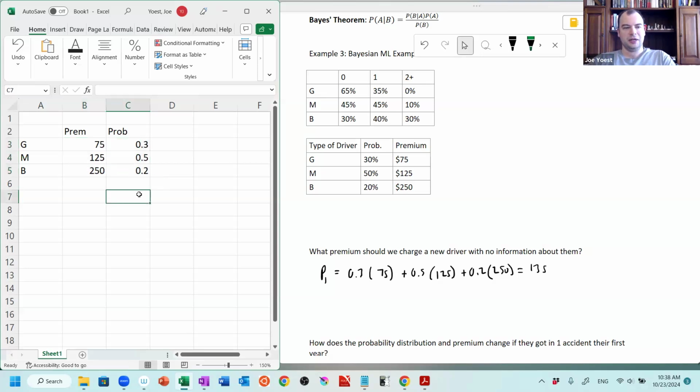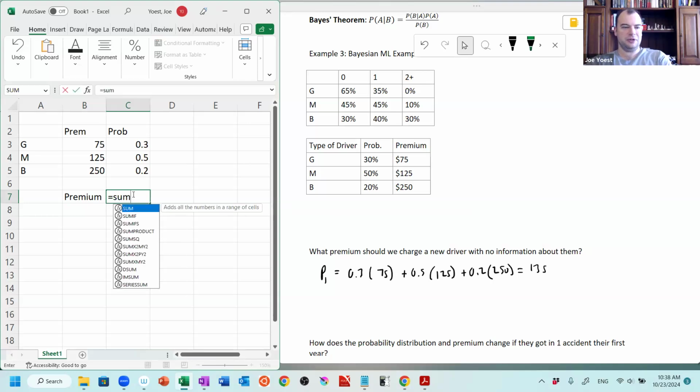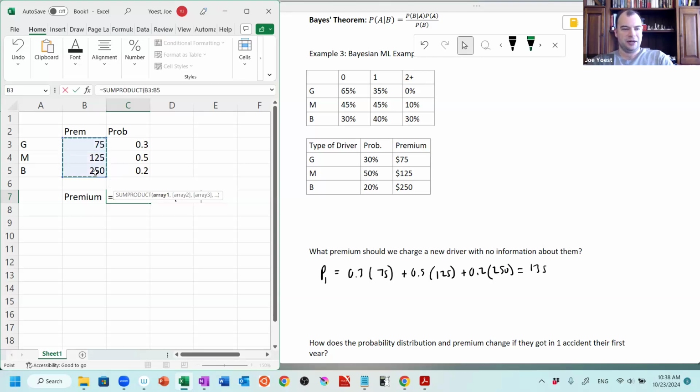And what are we computing here? The premium for year 1. Well, we're just computing the expected value. So we can use the built-in function SUMPRODUCT, and array 1 here.